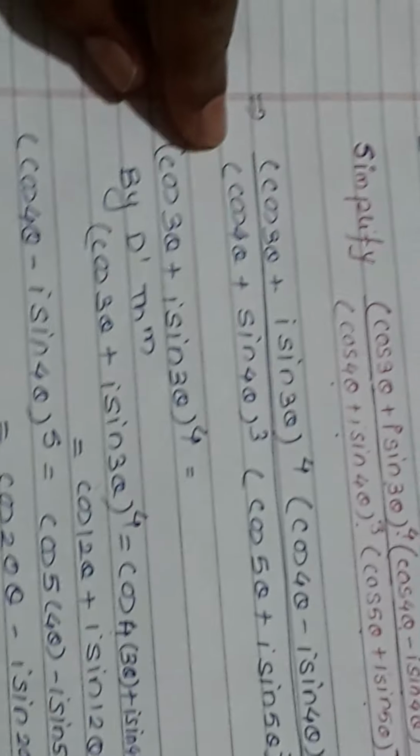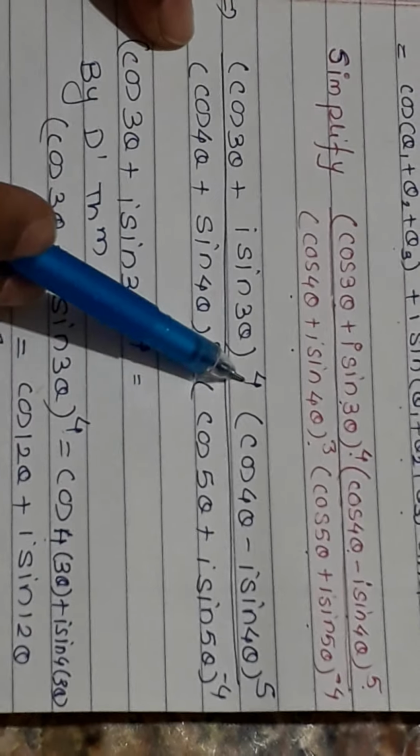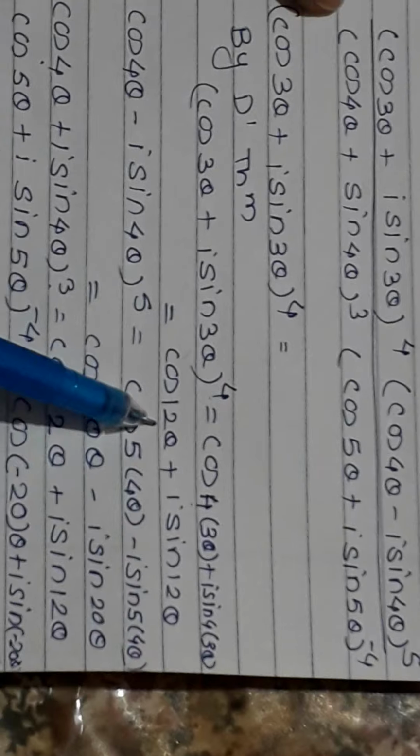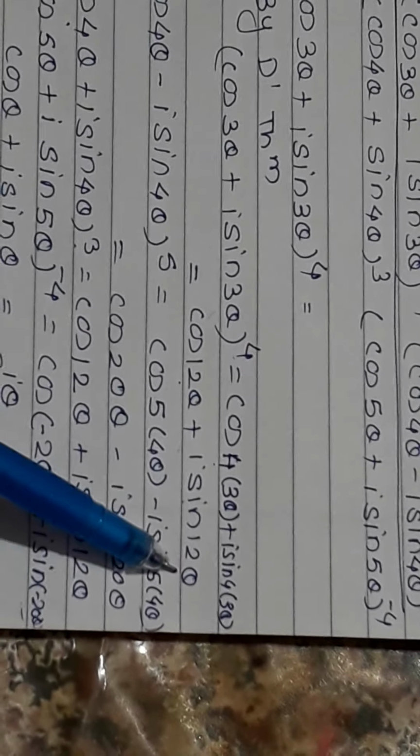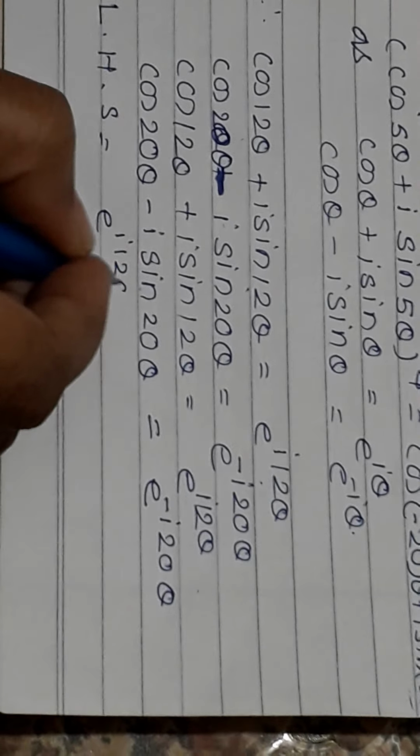Now we write the LHS, and we have to put the values of each term here. The first term, cos 3 theta plus i sin 3 theta raised to the power 4, is nothing but cos 12 theta plus i sin 12 theta, which can be written as e raised to the power i 12 theta.